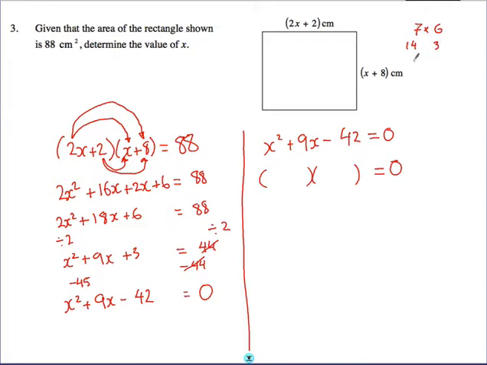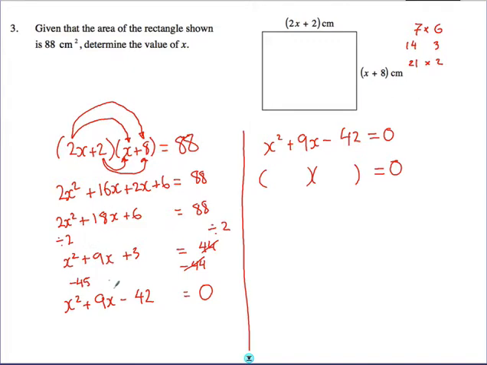How about 21 times 2? Double half, we can't do that. 6 and 7 again. It's the only thing that's come to my head for some reason.